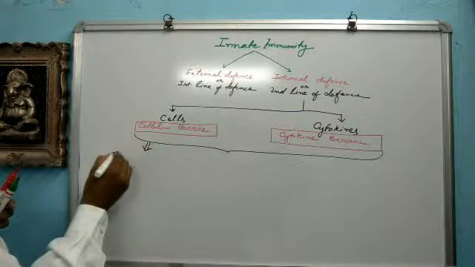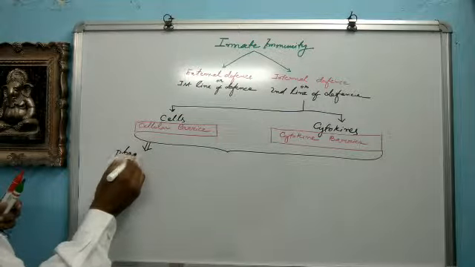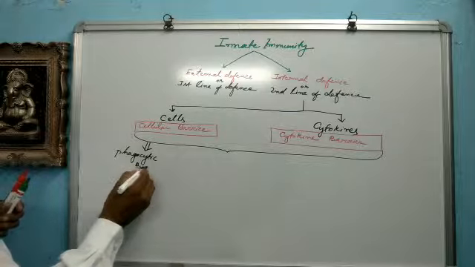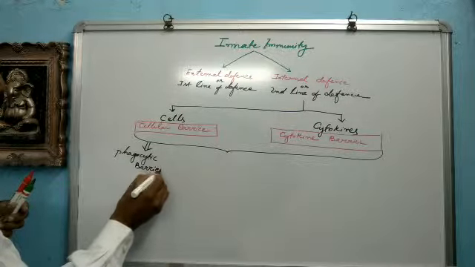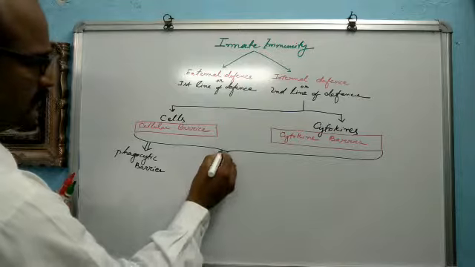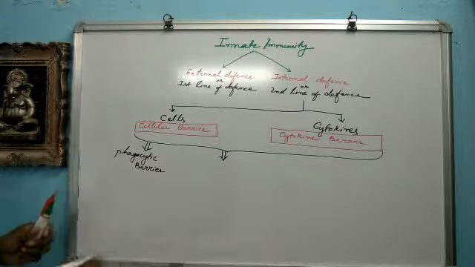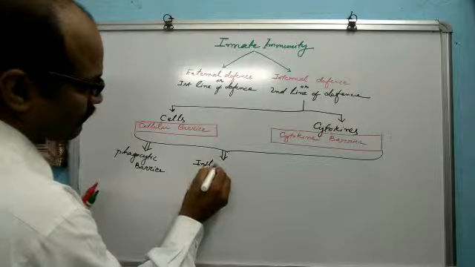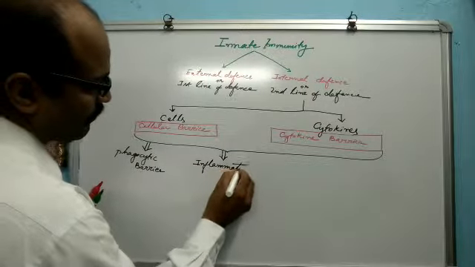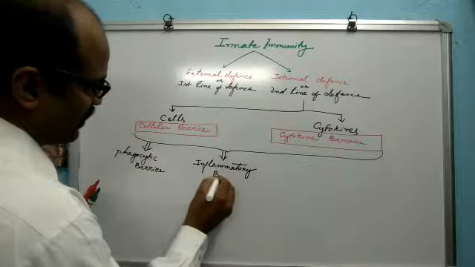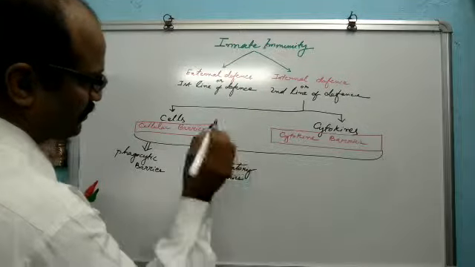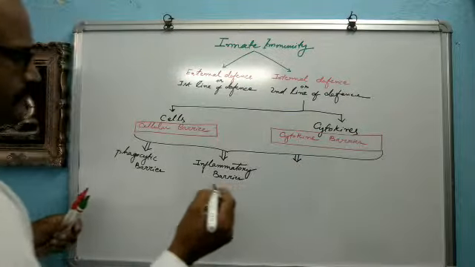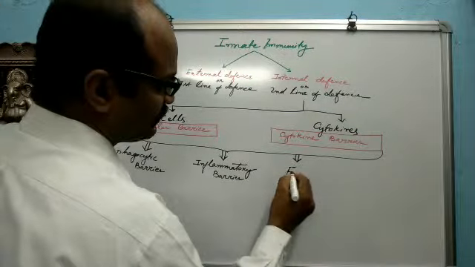One is the phagocytic barrier, another is the inflammatory barrier, and the third one is fever.